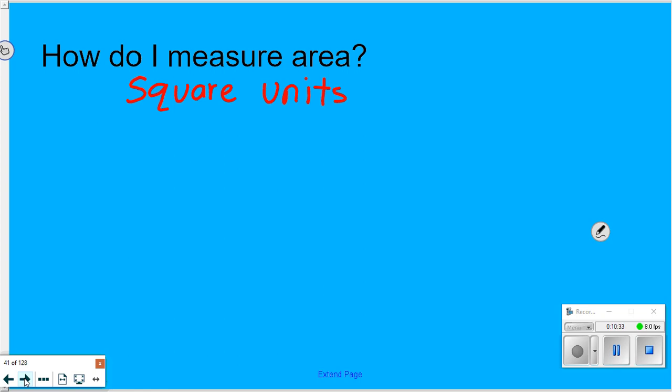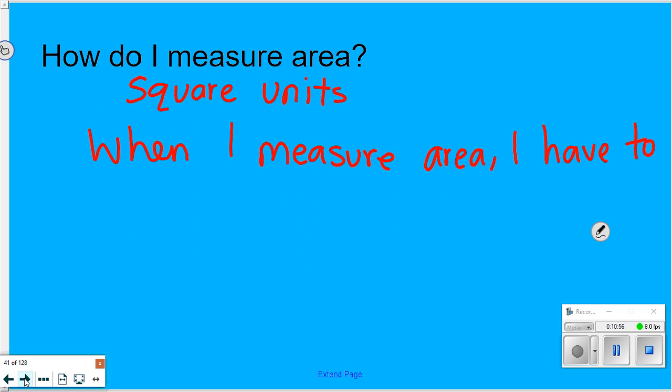Because you're measuring a 2D shape. Gabby? I'm measuring length and width. I'm writing, you're writing. When I measure area, I have to measure two things at once.